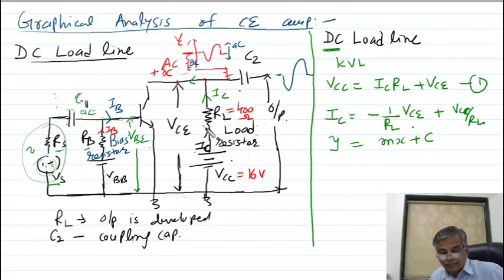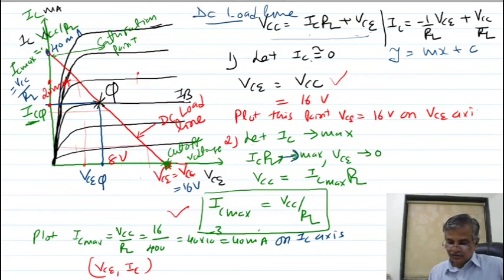Half of I maximum, which means half of VCC by RL. Okay. So here I have discussed the Q point.